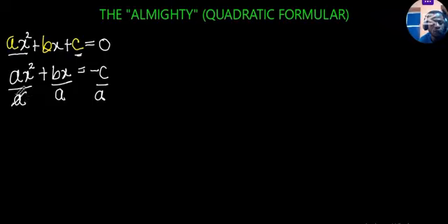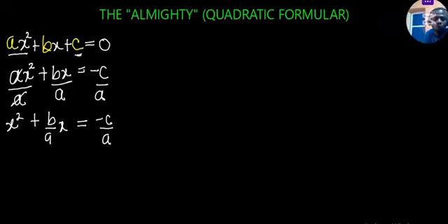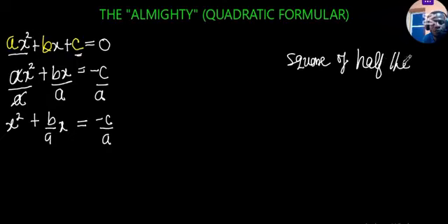In doing that, we're going to have x squared plus b over a times x equals minus c over a. The next thing we do is add the square of half the coefficient of x to both sides.